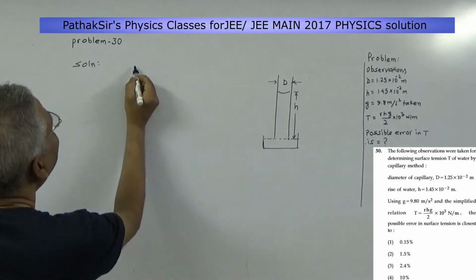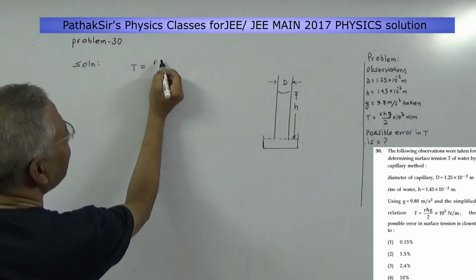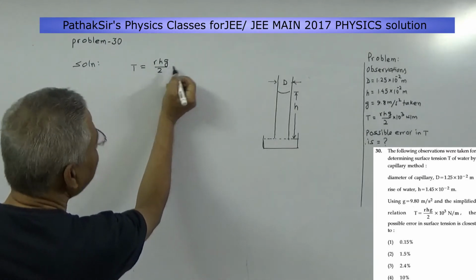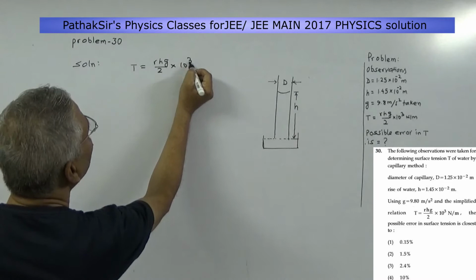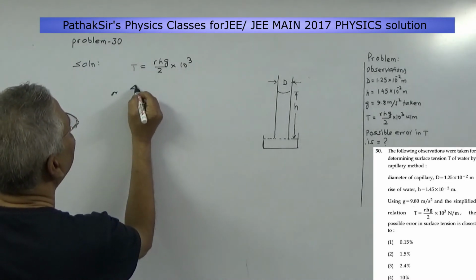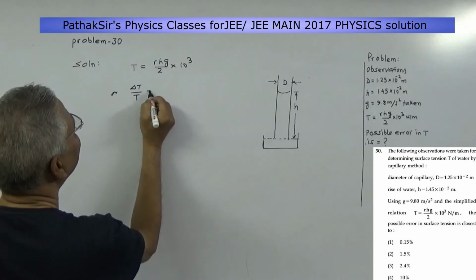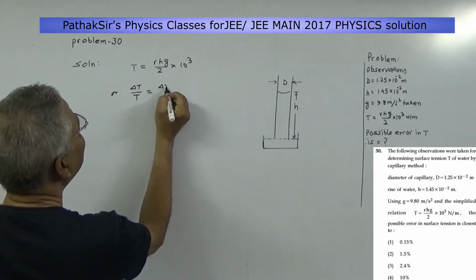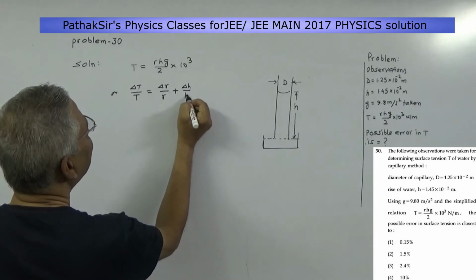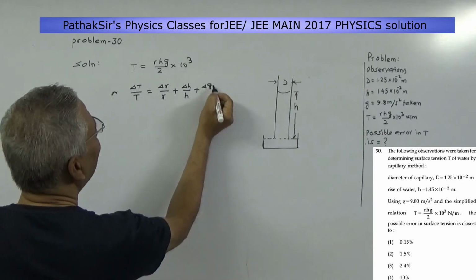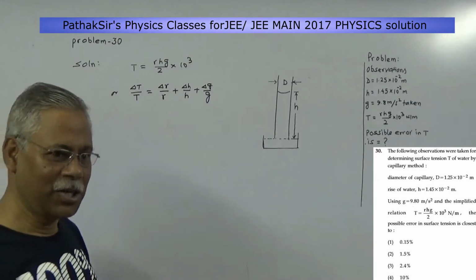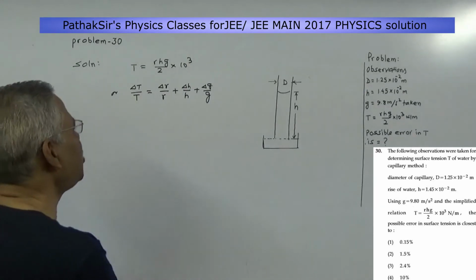Use the formula T equal to r h g by 2 into cos theta. Doing error analysis we get del T by T equal to del r by r plus del h by h plus del g by g. What is the error in surface tension?